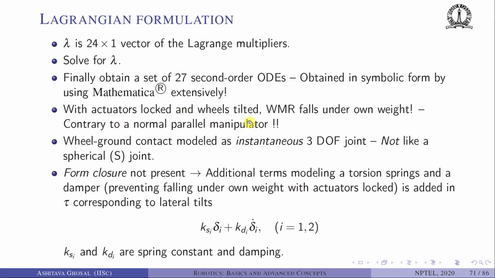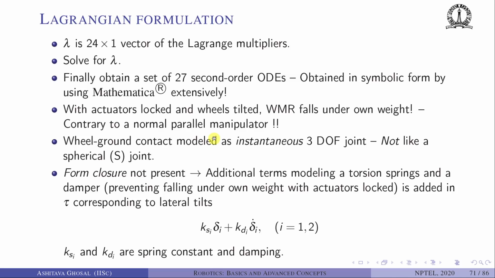With actuators locked and wheel tilted, the WMR falls under its own weight. Because this is to do with non-holonomic constraints. Contrary to a normal parallel manipulator, if you lock the actuated joints, it becomes a structure.